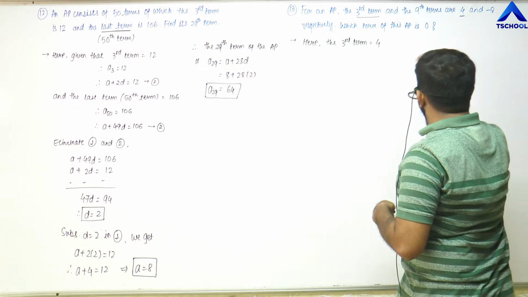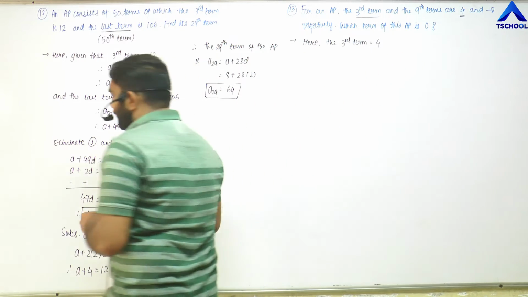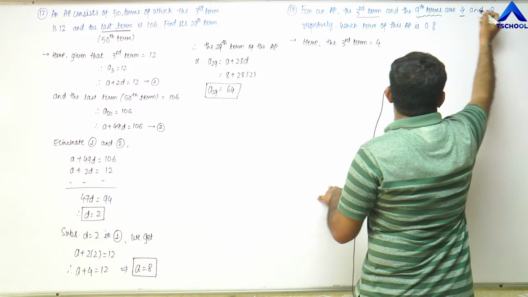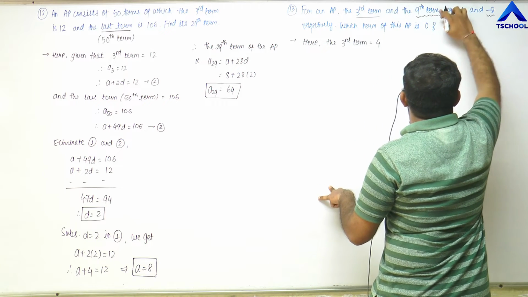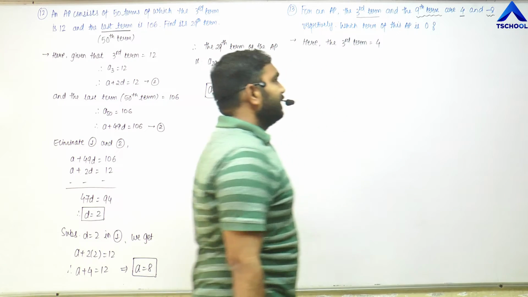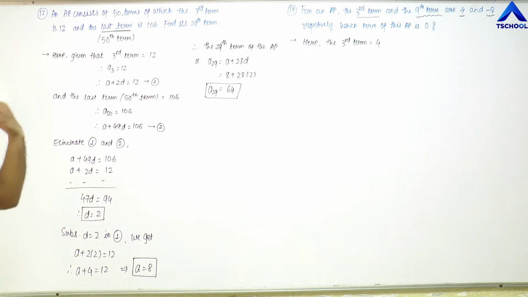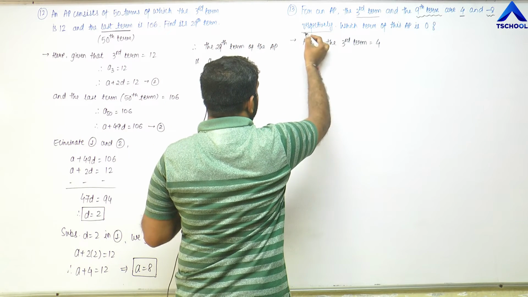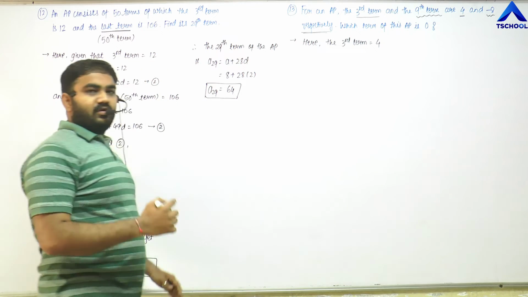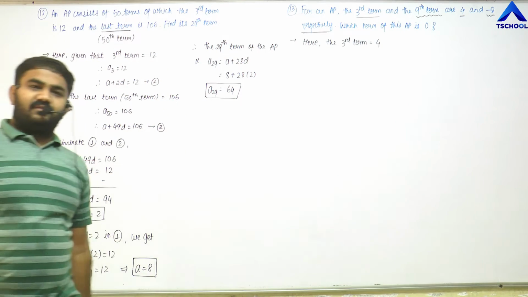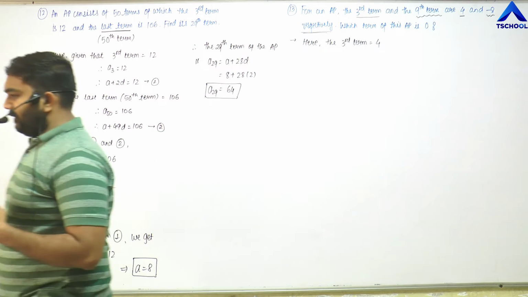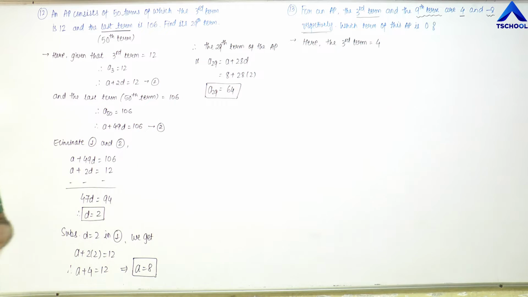So the first number will be related to the third term and the second number to the ninth term, right? So first to first and second to second, because it is said that they are respectively, that means with respect to the first number, the first condition, and the second condition is with respect to the second number. Okay, so you are going to look at it like that.